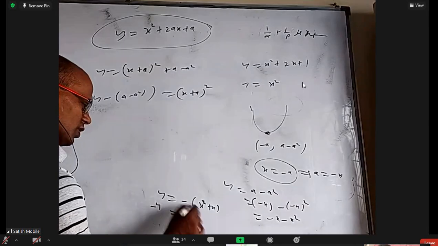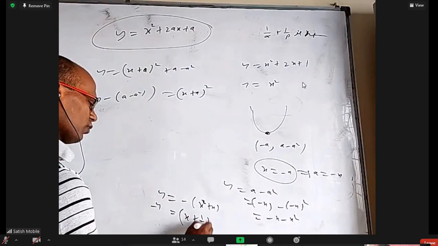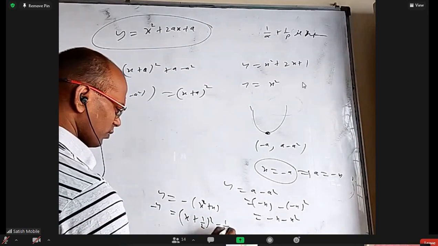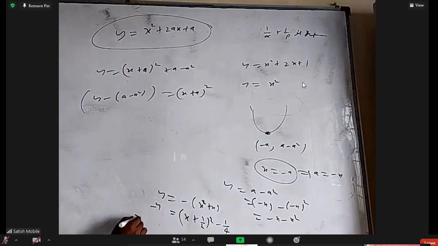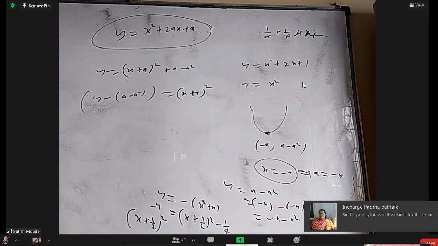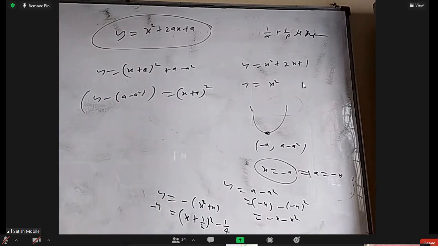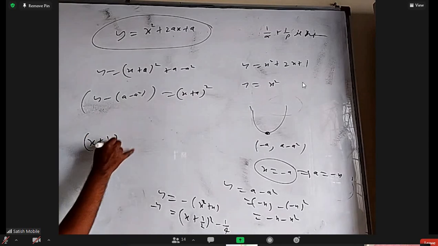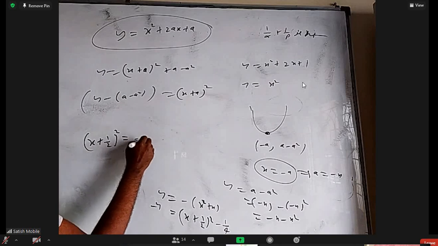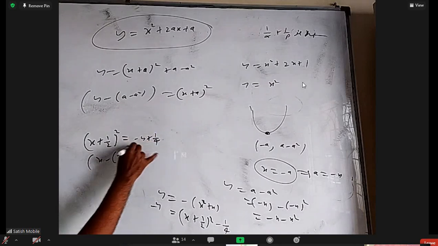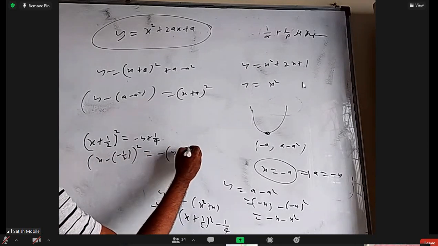If I make this side a square, it is x plus half whole square minus 1 by 4. If I send it to that side, it will be x plus half whole square equal to minus y plus 1 by 4, that is, x plus half whole square equal to minus of y minus 1 by 4.